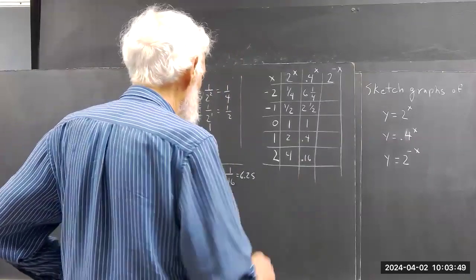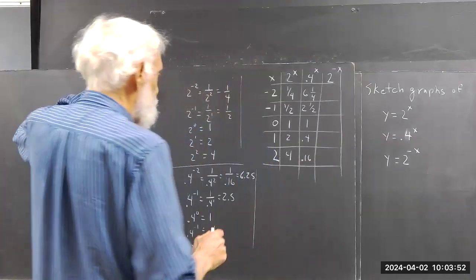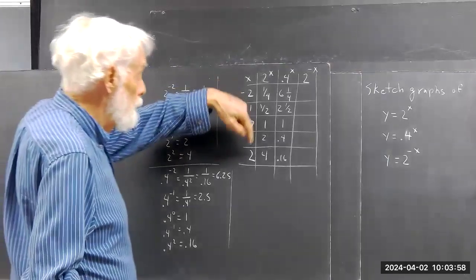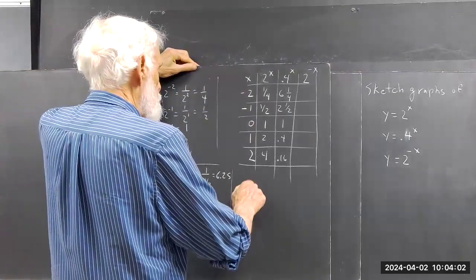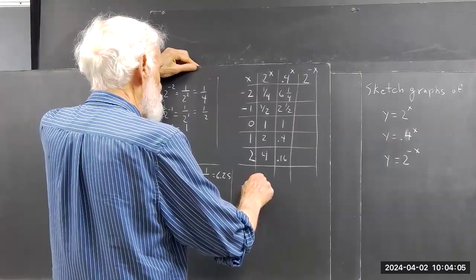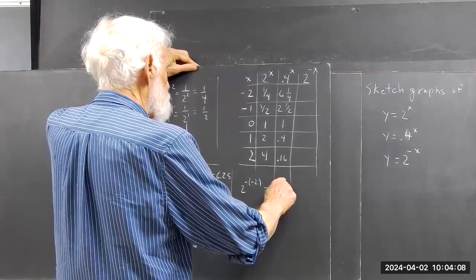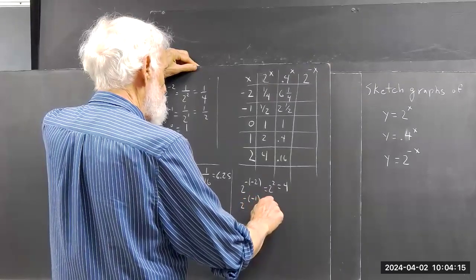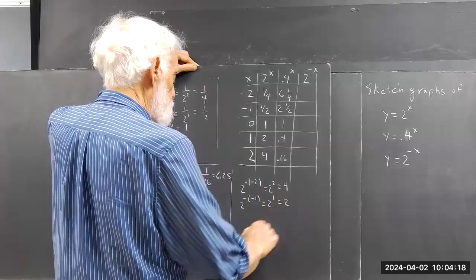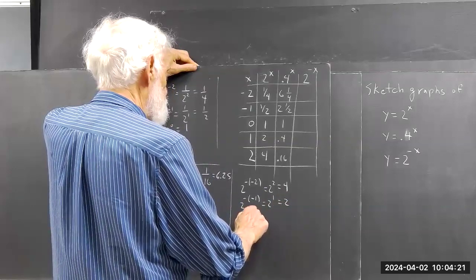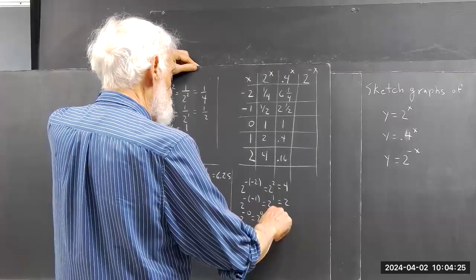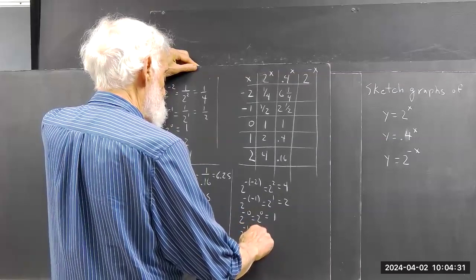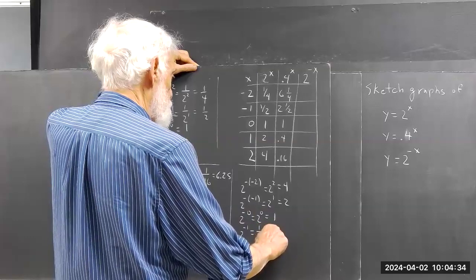Then 2 to the negative x. What's 2 to the negative x? 2 to the negative of negative 2 is 2 to the second, which is 4. 2 to the negative of negative 1 is 2 to the plus 1, which is 2. 2 to the negative 0 is just the same as 2 to the 0, which is 1. 2 to the negative 1 is 1 over 2 to the 1, which is 1/2.